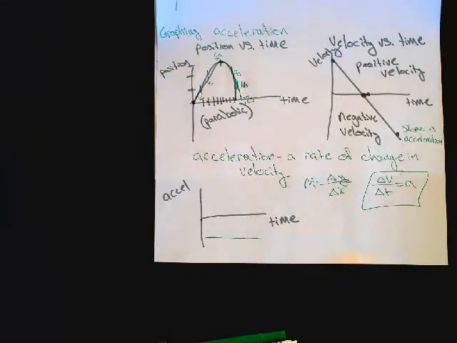Let's see if I get it right. Okay, good. Positive velocity, I'm going that way, we said that was positive. Negative acceleration because I was slowing down. I was accelerating in the opposite direction of my velocity.